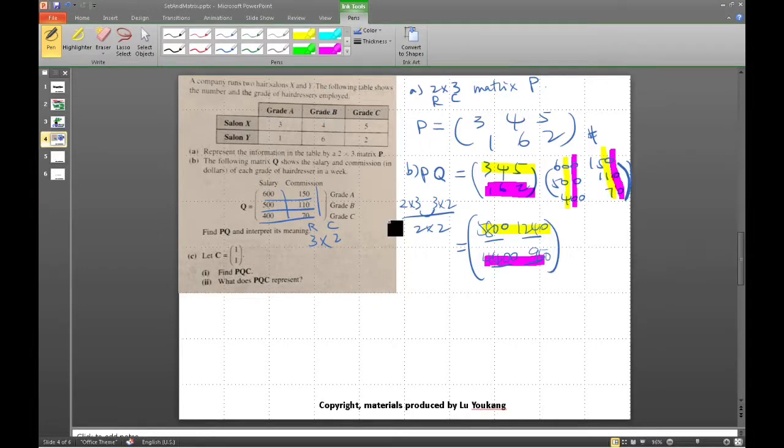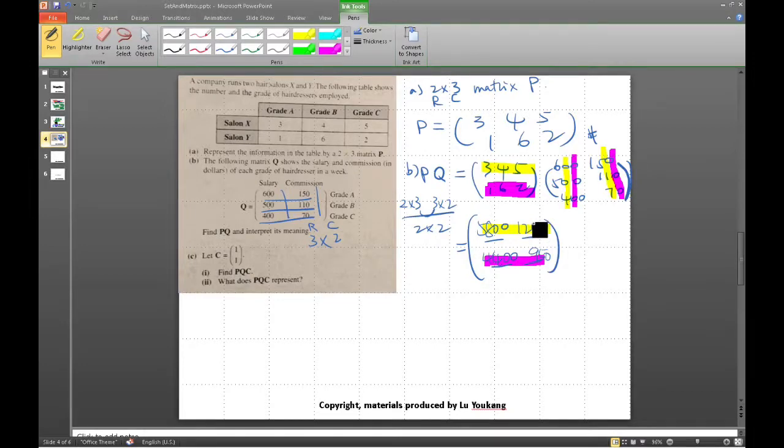And remember, nothing really difficult here for multiplication of 2 matrices. The only thing you have to remember is to be careful when you add all the results up. Now we have to interpret its meaning.